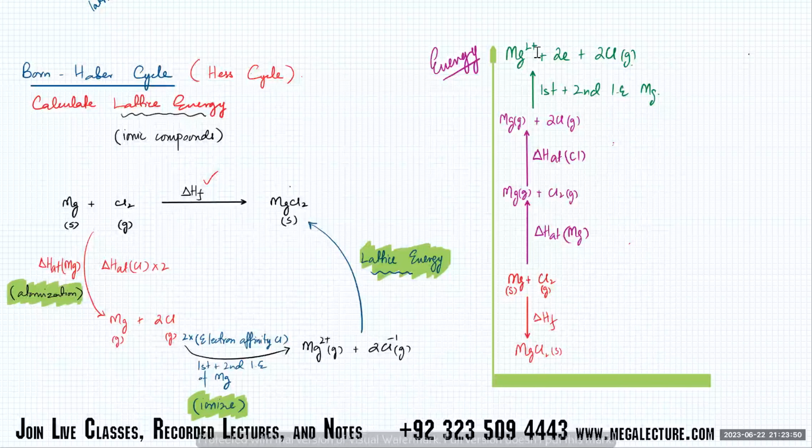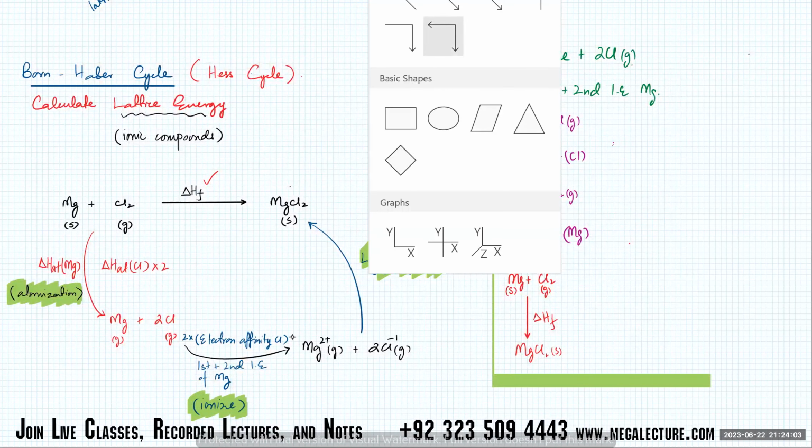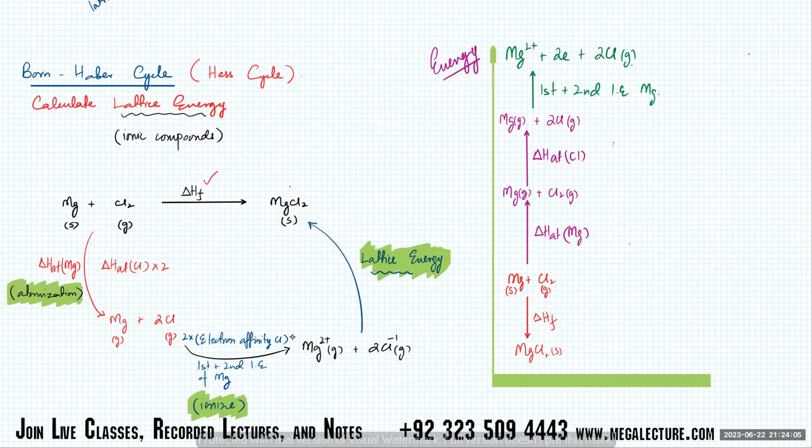Then when Mg loses those two electrons, it's Cl that gains electrons, so it becomes Cl minus 1. Now the first electron affinity is exothermic, so the arrow is going to go downwards from this point.